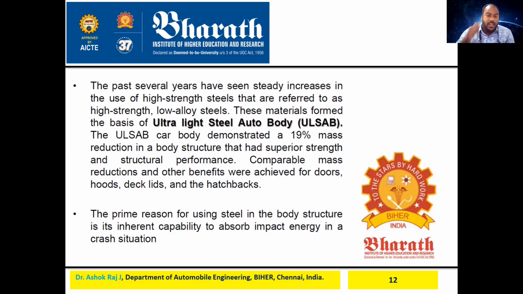Comparable mass reduction and other benefits were achieved for the doors, hoods, deck lids, and hatchbacks. A prime reason for the use of steel in a body structure is the inherent capacity to absorb impact energy in a crash situation. If any accident happens, any load crashing, steel will also withstand it. But compared to aluminum and other things, we can't assume ourselves.